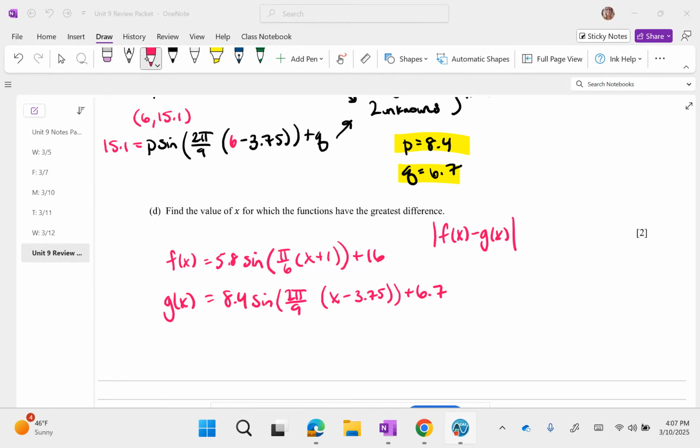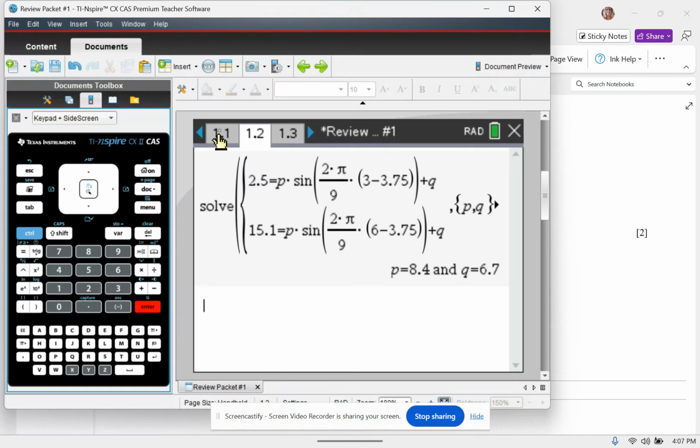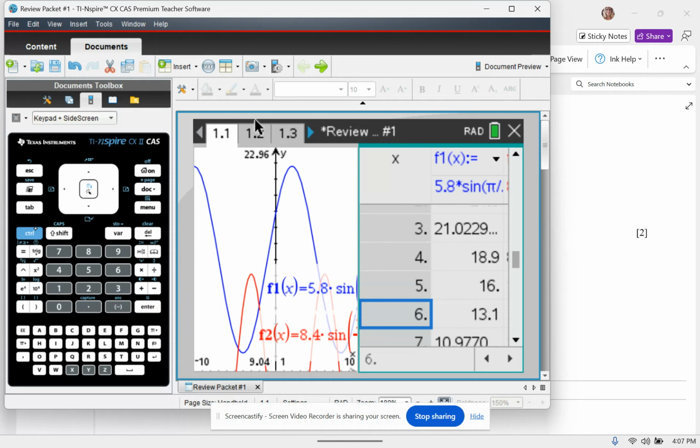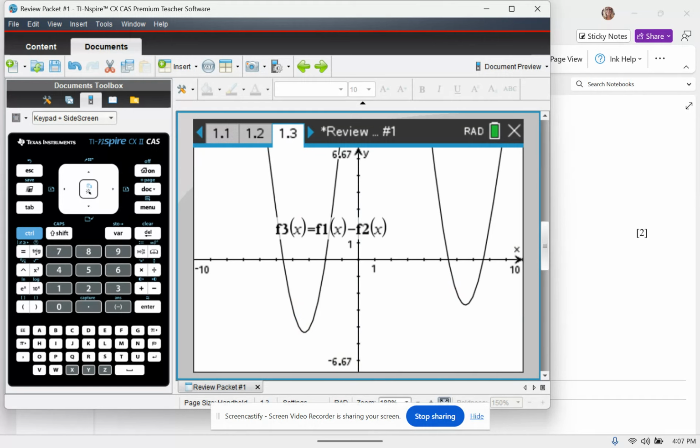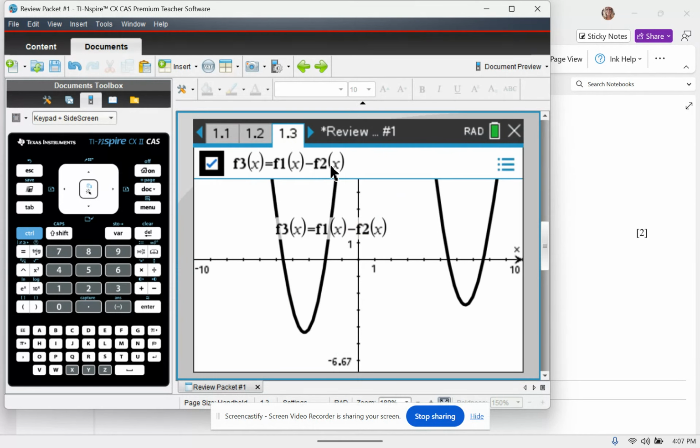Here are the steps that I went through on the calculator. First I graphed the two functions, right? We have f of x and then g of x is f2. I'm in radians, cool. So now I'm going to go to the next tab where I subtract the two functions and I pick it up with var.